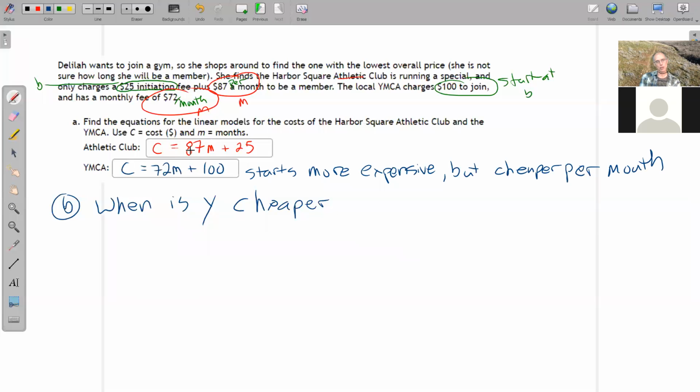This one is growing faster, the athletic club, because your total cost grows at $87 a month.